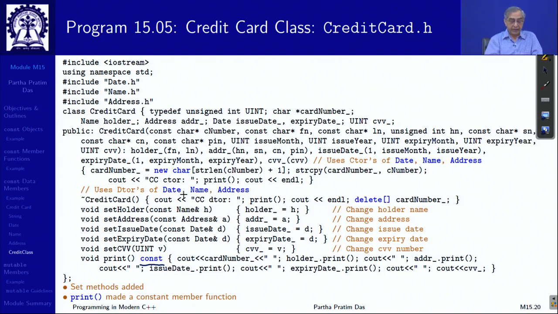So, you have the credit card constructor here, the credit card destructor here, and after construction you have all different functions to be able to change the respective values, like the name of the holder, address of the holder, issue date, expiry date, CVV number, and so on. Okay. That is our initial design.